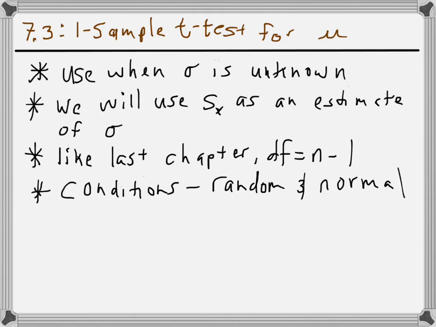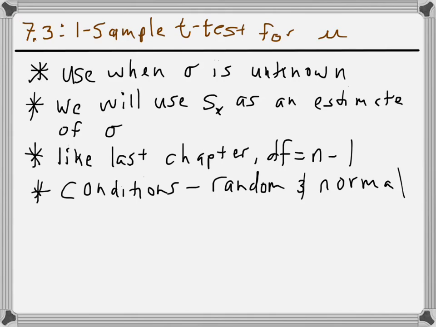The actual testing procedure is going to be the exact same as the z-test, and as you will find, the testing procedure will essentially be the same for every test that we do. That is, we need a null hypothesis, we need a significance level, we need to check our conditions to make sure we can use the techniques that we're learning.